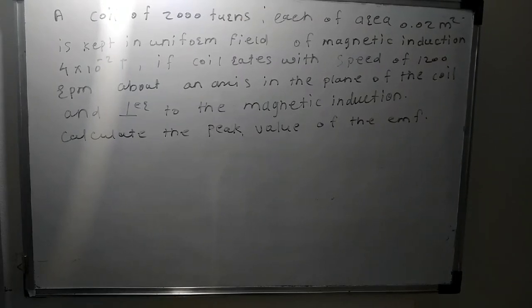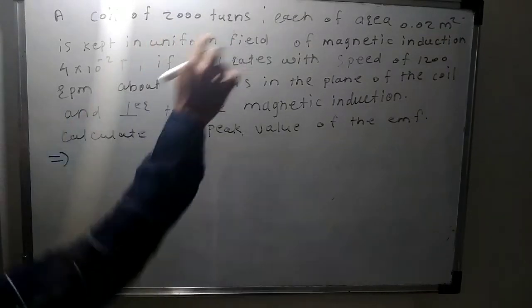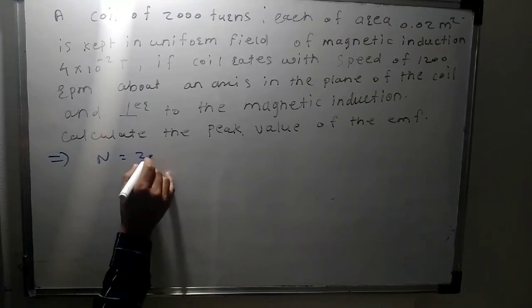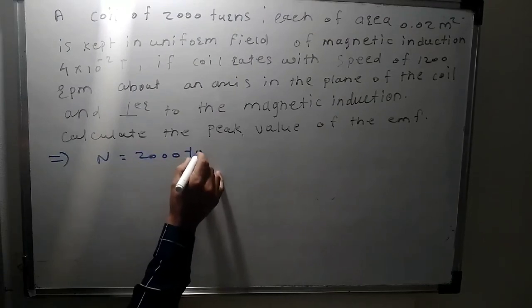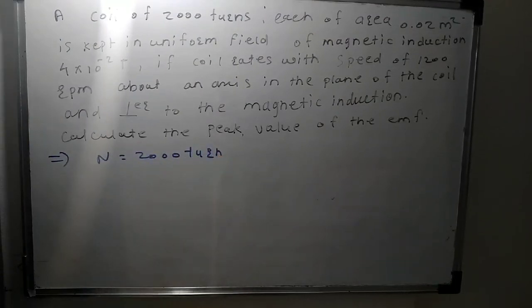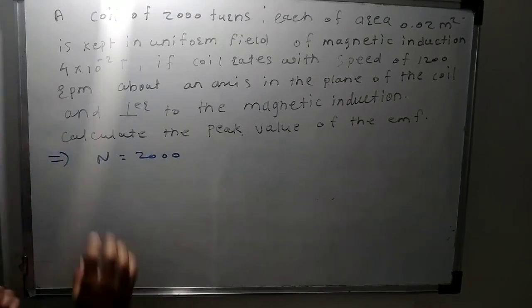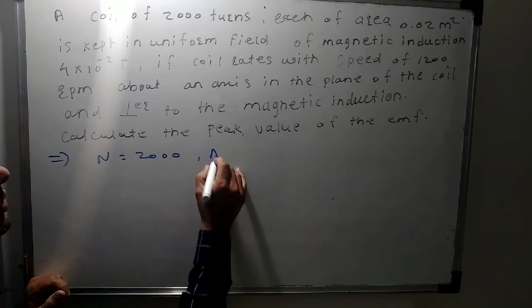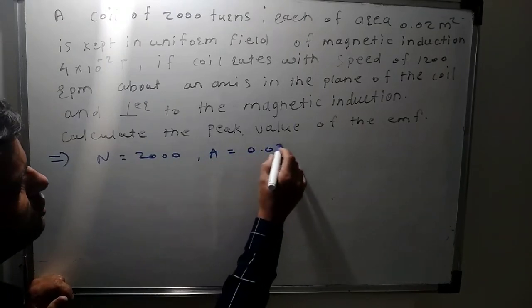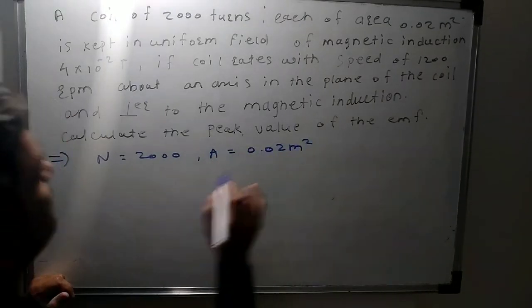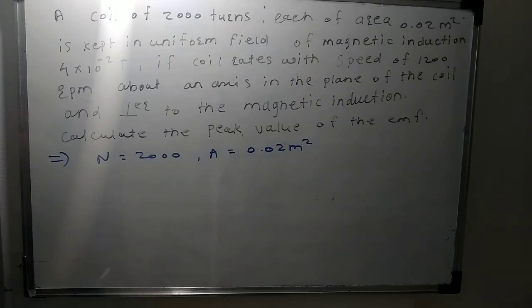How can we solve this numerical? If we look at the given terms, the number of turns N is given as 2000. No need to write the turns. Then the area is given as 0.02 meters squared, kept in uniform magnetic induction.